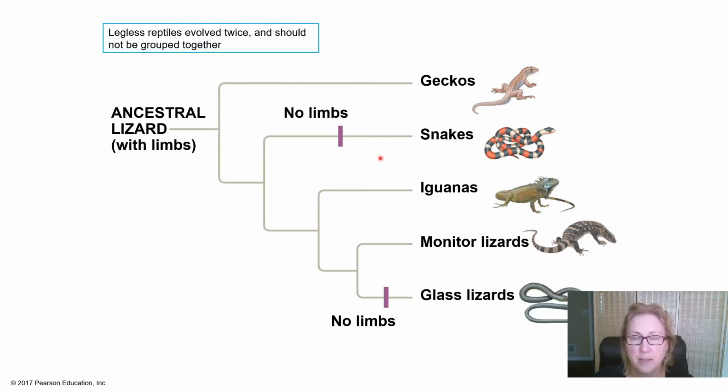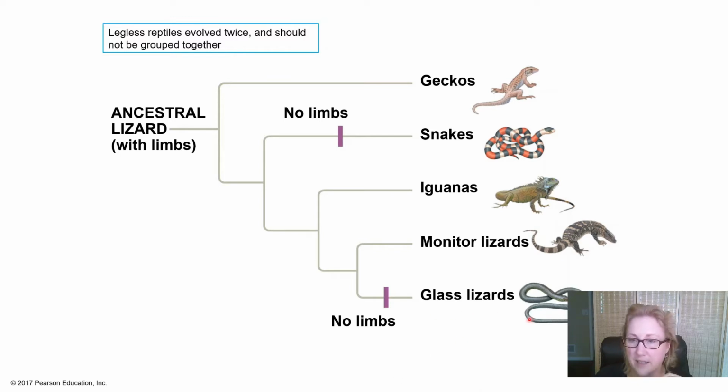And this is an example of what we try to do. Even though snakes and glass lizards superficially are similar in that they share this trait of having no forelimbs or hind limbs, that's a separate evolutionary path. We'll talk about this in a second, this is due to convergent evolution. It doesn't mean that glass lizards and snakes are close relatives.